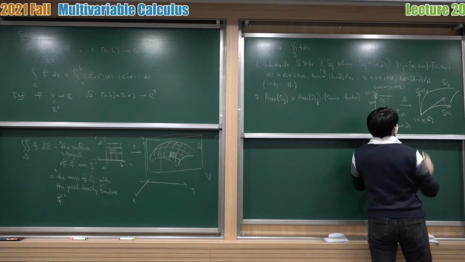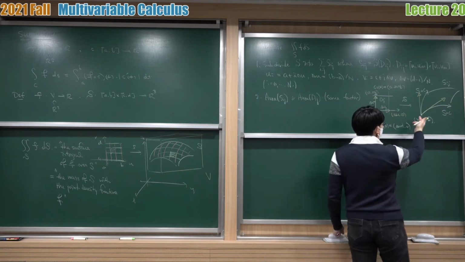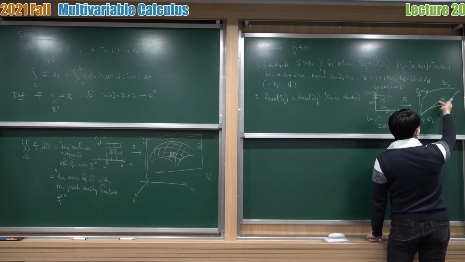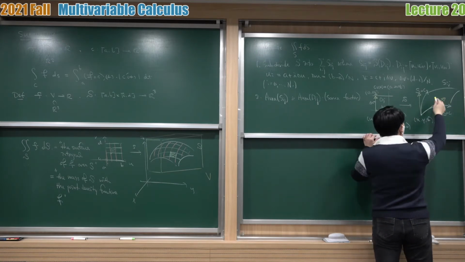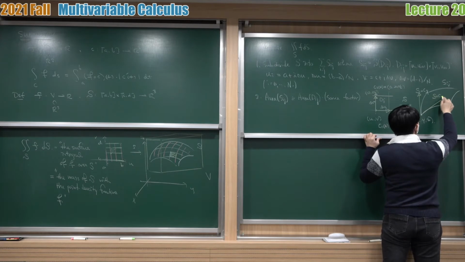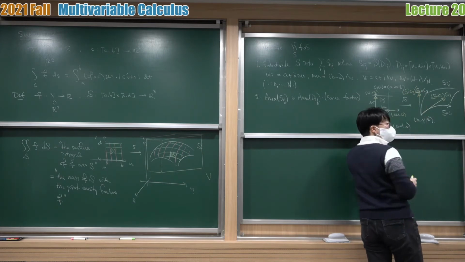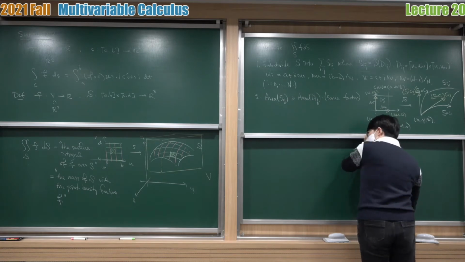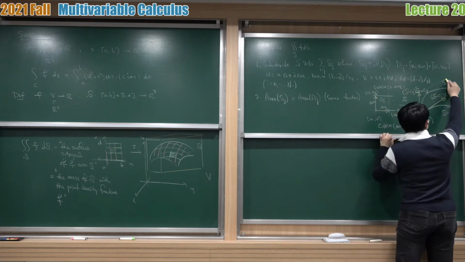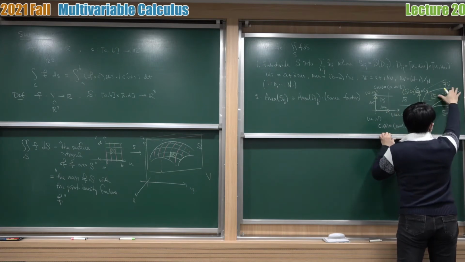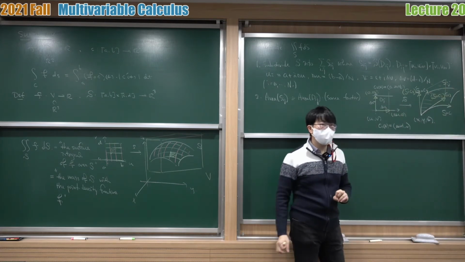So I'm going to find a vector which approximates the tangent vector of each curve here. And what's this curve? This is S composite C1 prime 0, and this is S composite C2 prime 0. If I find the area of this parallelogram, then this is approximately equal to the area of Sij.